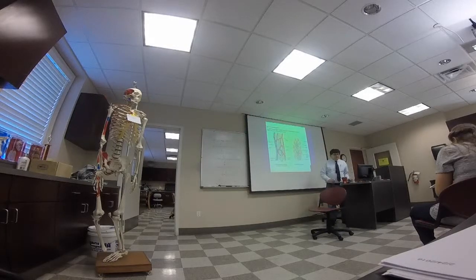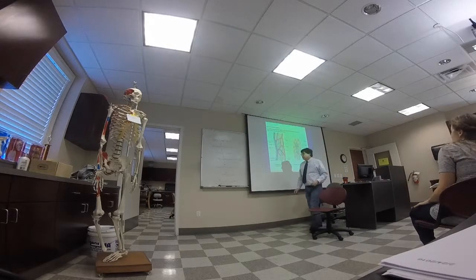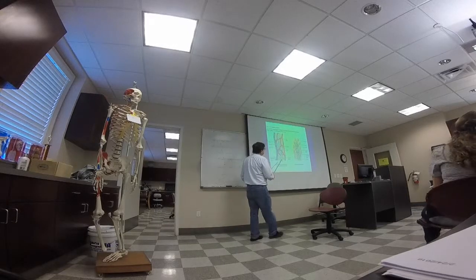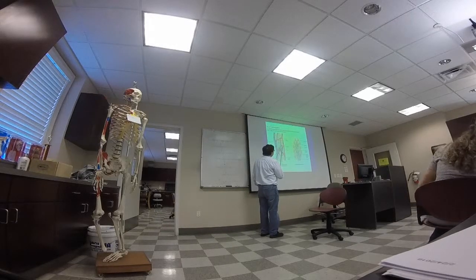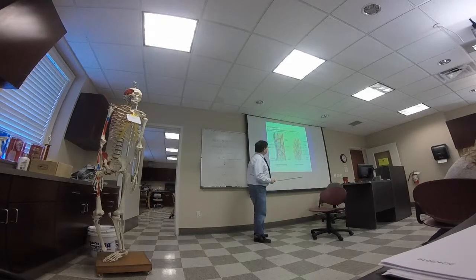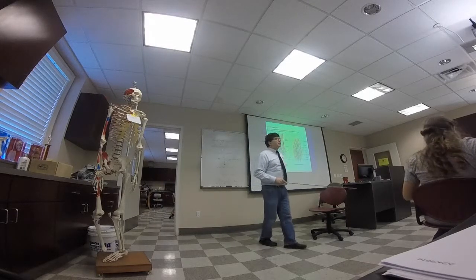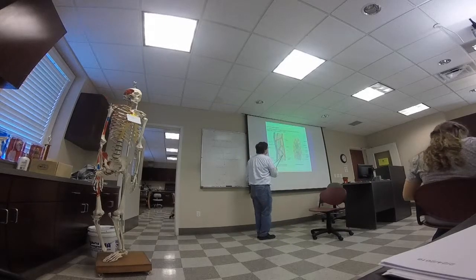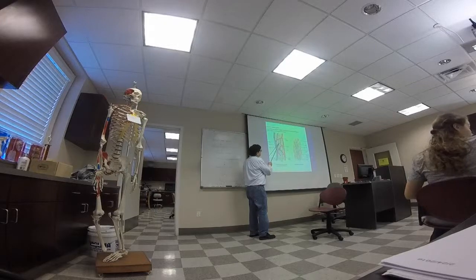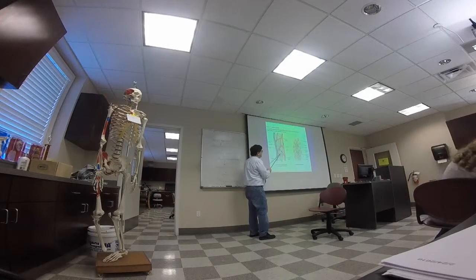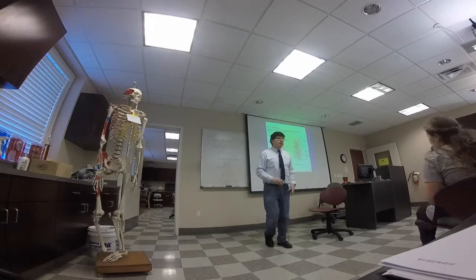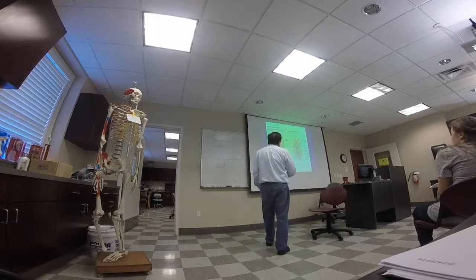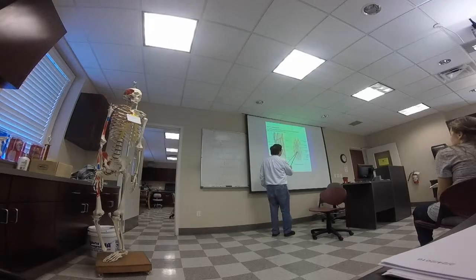Okie doke. This is a slide that demonstrates the presence of these blind-ended lymphatic capillaries within tissues. We said last class that interstitial fluid is formed here in capillary beds, and most of that interstitial fluid is picked up by these lymphatic capillaries. If we were to take a big old microscope and look at one of these lymphatic capillaries, it would look like this.